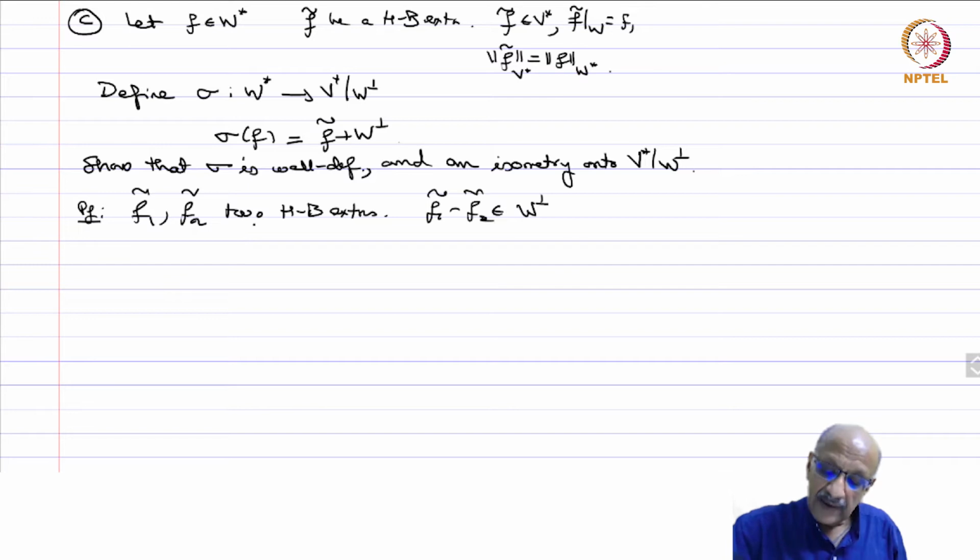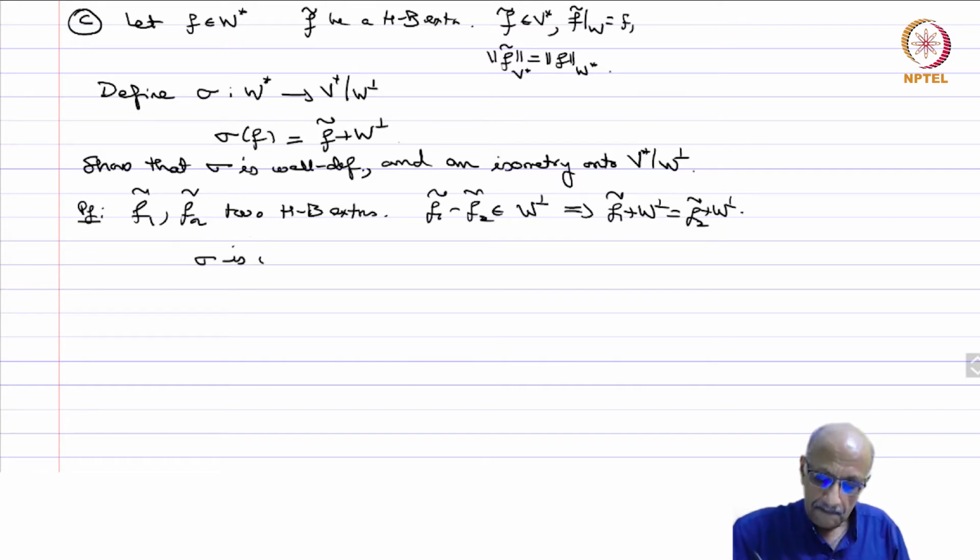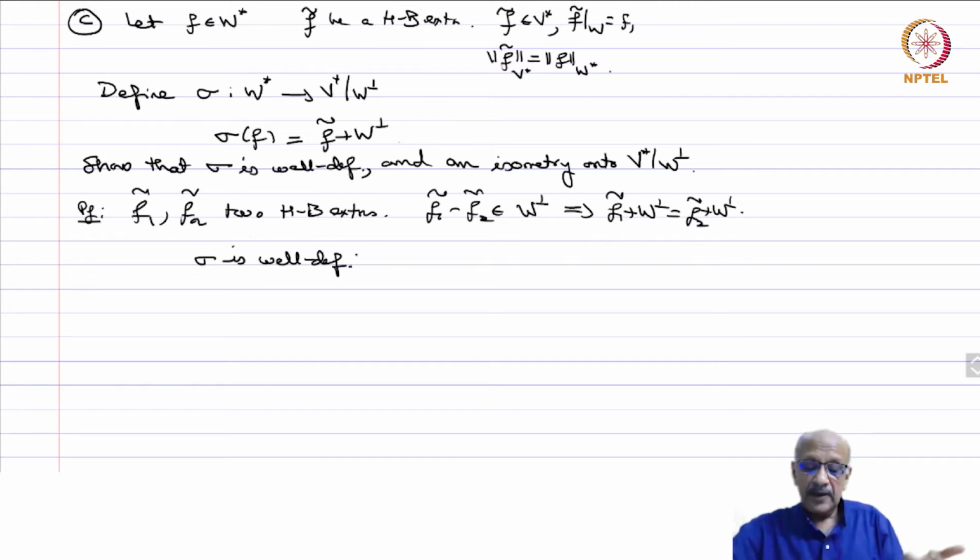So this implies that f1 tilde plus W perp equals f2 tilde plus W perp, and therefore sigma is well defined. The coset which we get does not depend on the Hahn-Banach extension, and therefore it is well defined.